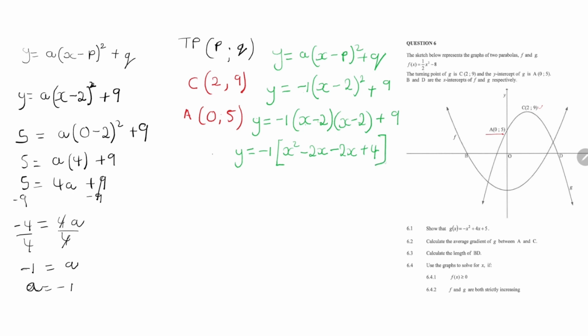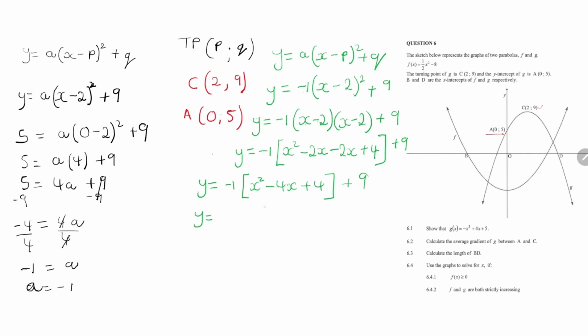We close this bracket and then bring back the 9, the positive 9. So right now we have y equal to negative 1 bracket x squared negative 2 minus 2, that is a minus 4x, plus 4. We close the bracket, plus the 9.